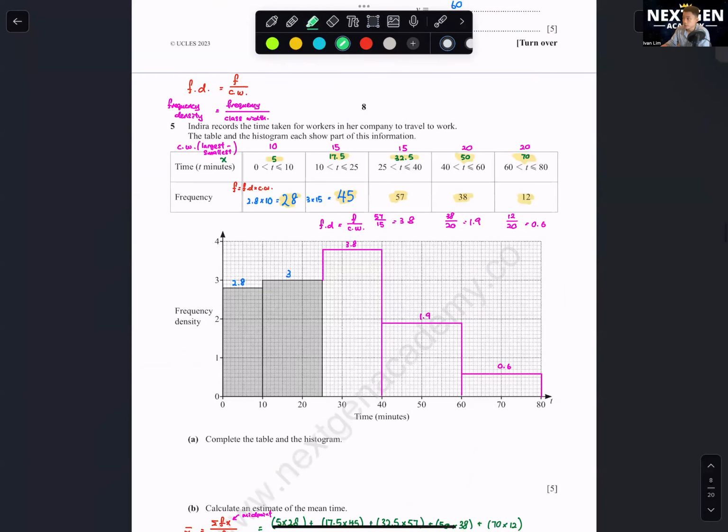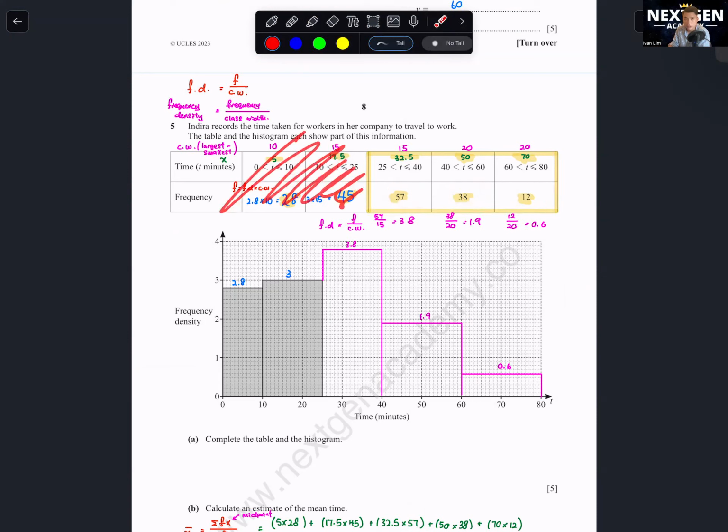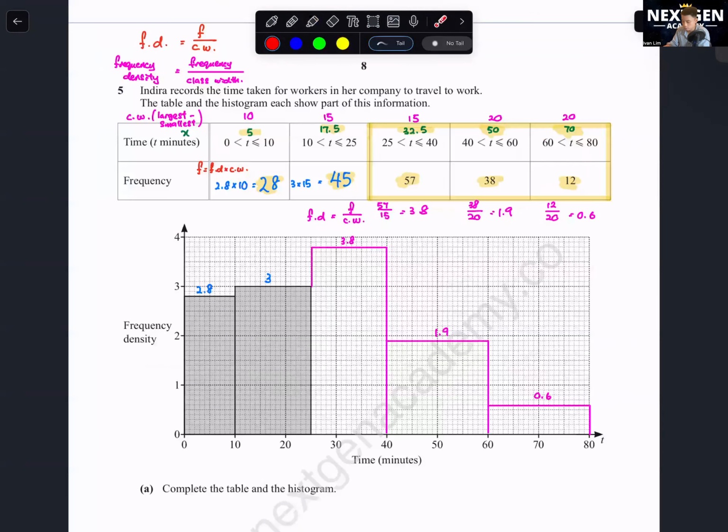We are only taking from longer than 25 minutes, so I am only taking from this group here, and these 3 groups. These 2, I don't care. This one is out of the picture already because of that first sentence. If they never put the first sentence, then we consider all of it. This is because it's called conditional probability.